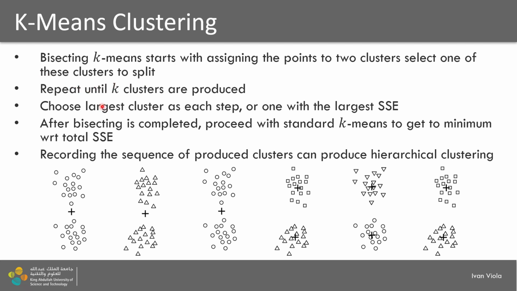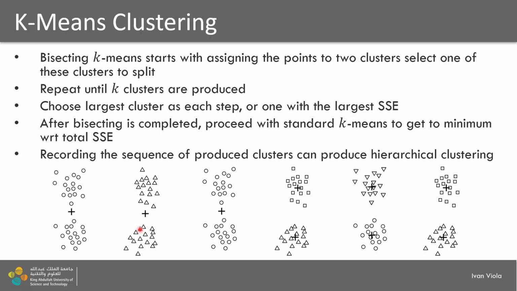Here we have assigned points to two clusters, this is one cluster, this is another cluster, and then we decide which of these two clusters should be split. Maybe because its sum of squared error is higher.